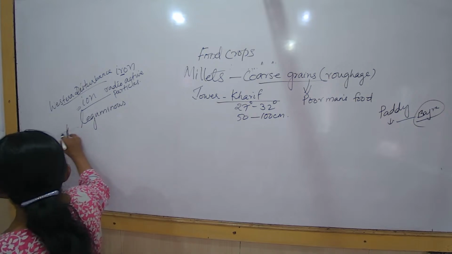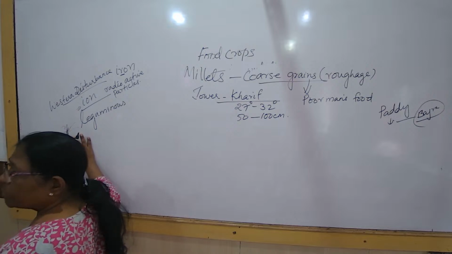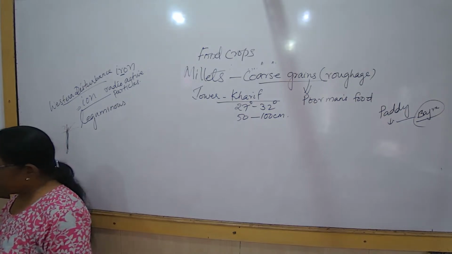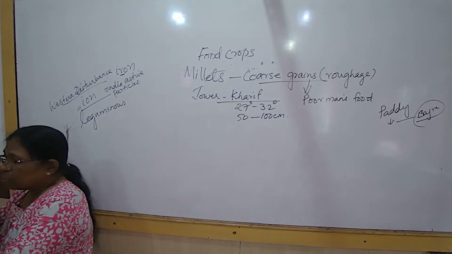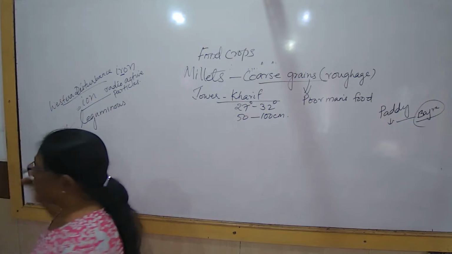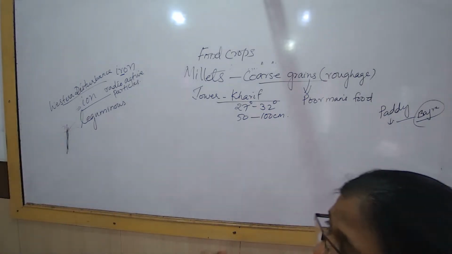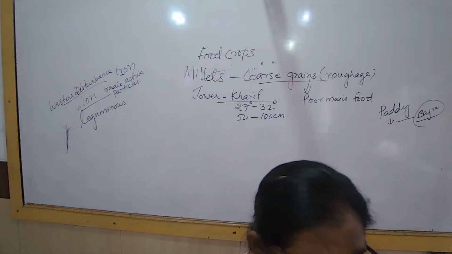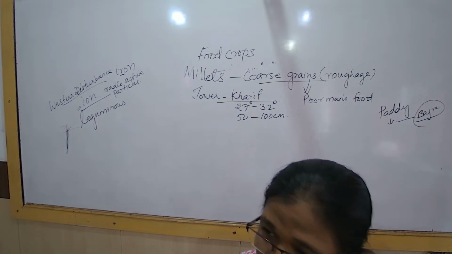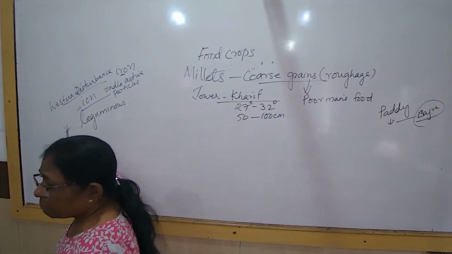After harvesting is over, the plant is allowed to stay there, and gradually the plant merges with the soil, and the nutrients stored in the stem are added to the soil. Such plants are called leguminous plants. It is very useful. Peas, beans, all these plants have high nutritious content in the stem part.